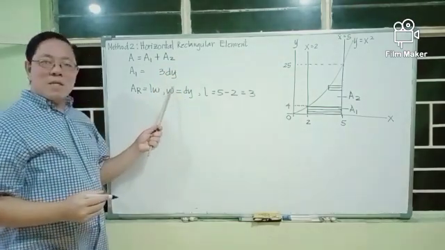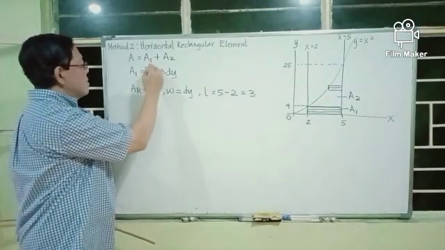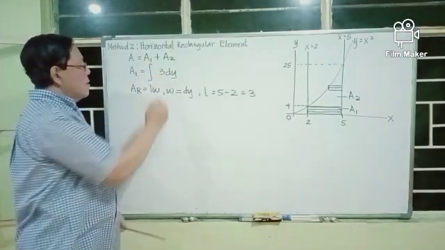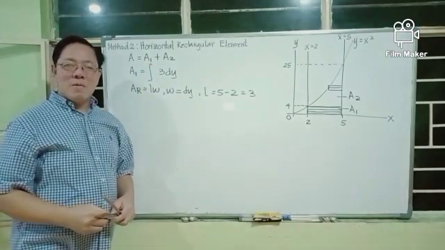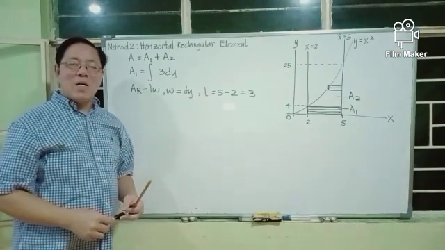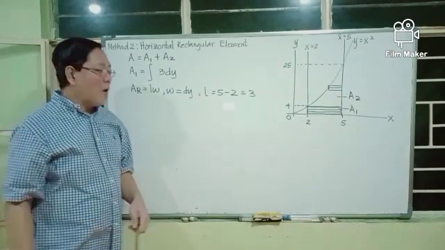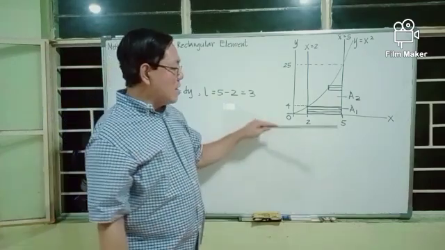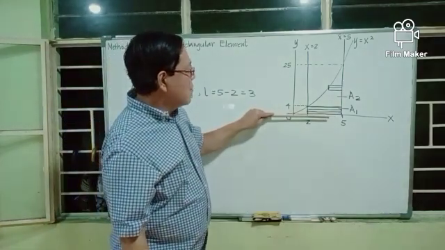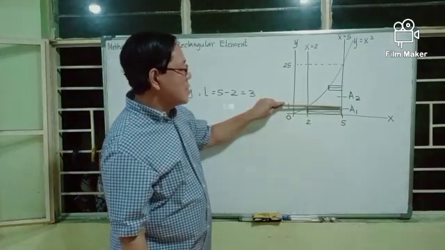And we integrate this expression. When we integrate, we are actually getting the sum of all the horizontal rectangular elements from this point up to this point.